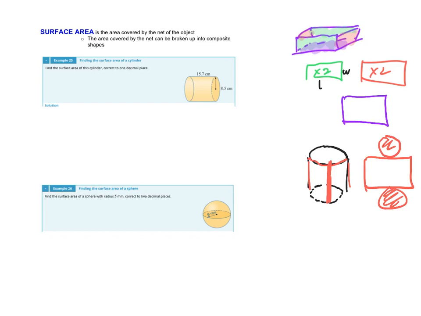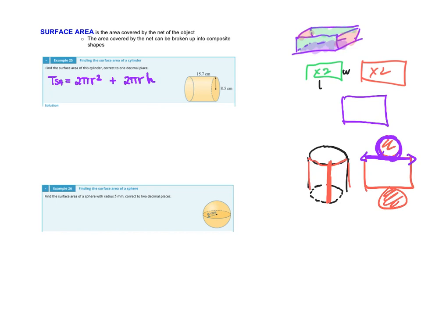Now, can you see this length here actually goes round the edge of the circle, doesn't it? When you roll it up, it would go around that edge of the circle. So can I say that this length is the same as the circumference of that circle? Yeah. So you'll see in the formula, if we look in our formula sheet for the surface area of a cylinder, it says the total surface area of a cylinder equals 2 pi r squared plus 2 pi r times height.